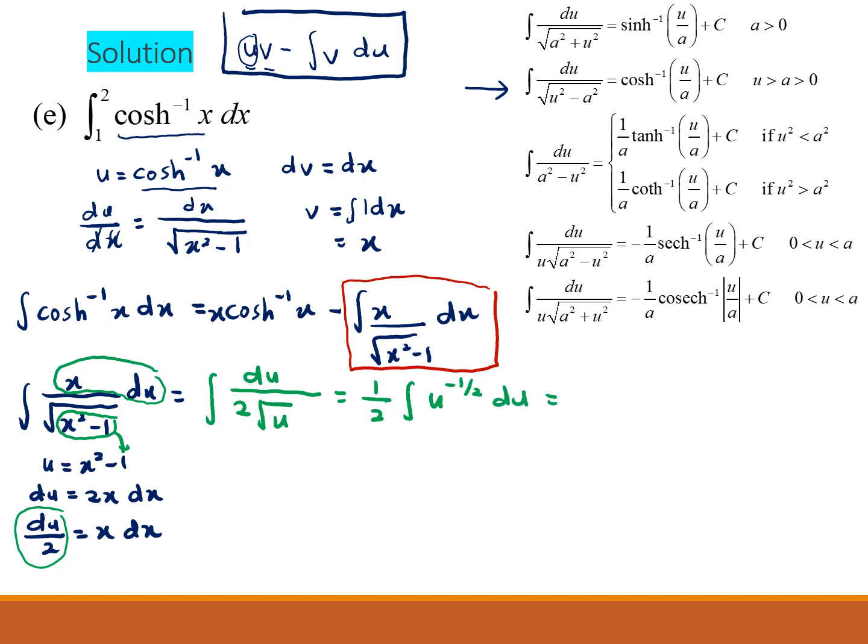So now we can solve this integration, where this is 1 over 2 times u to the power of negative half plus 1, which will be half, divided by half, plus c. So we rearrange this.